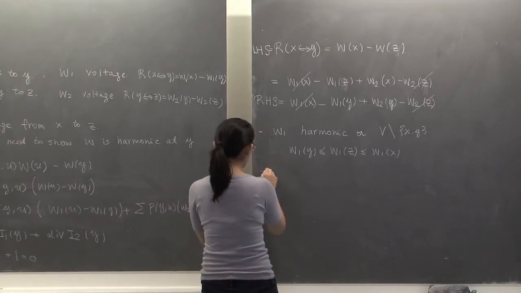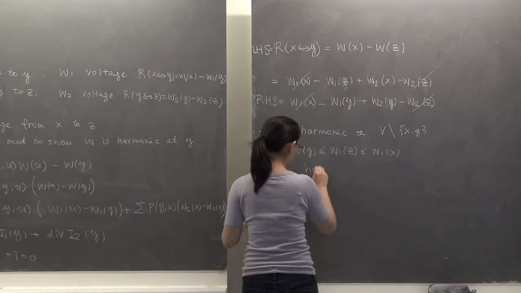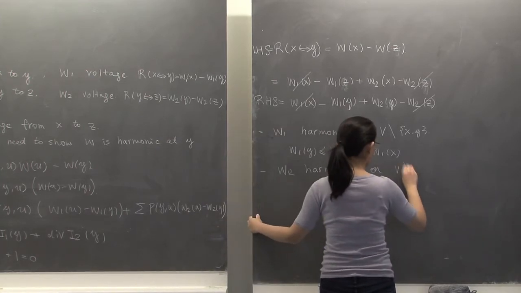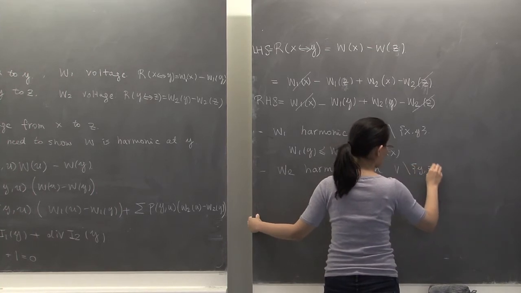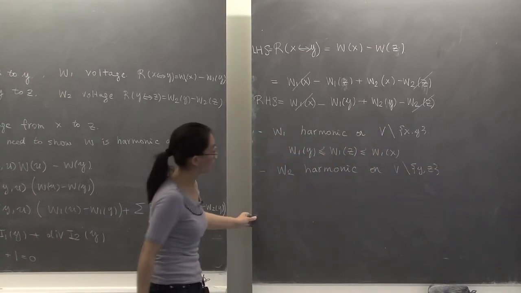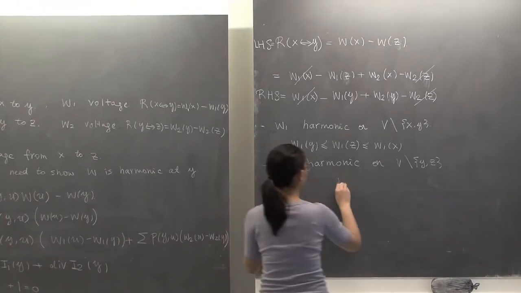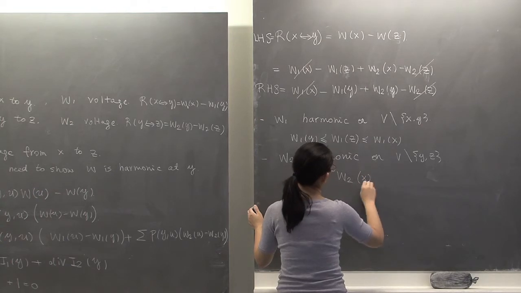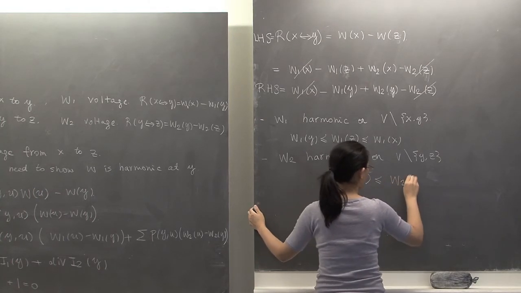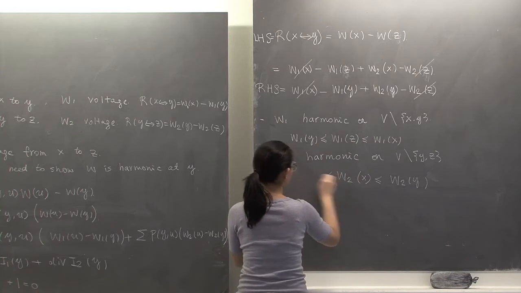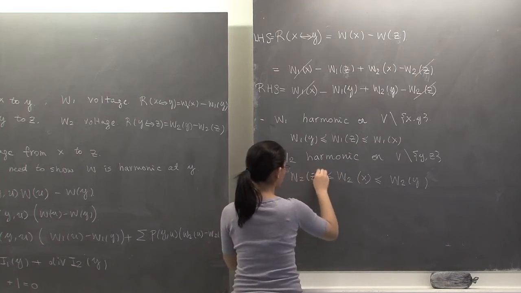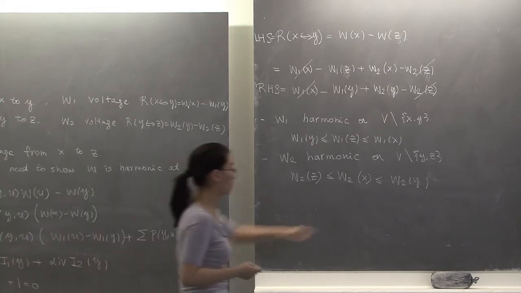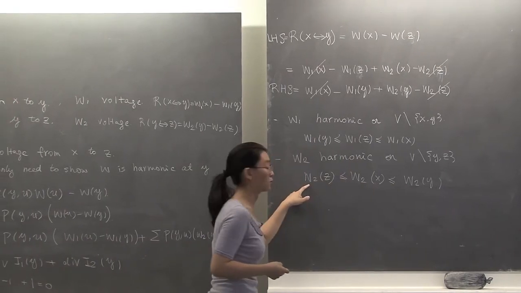And then for W2, a similar reason. It is harmonic outside Y and Z. So it attains max at W2Y, and minimum at W2Z.